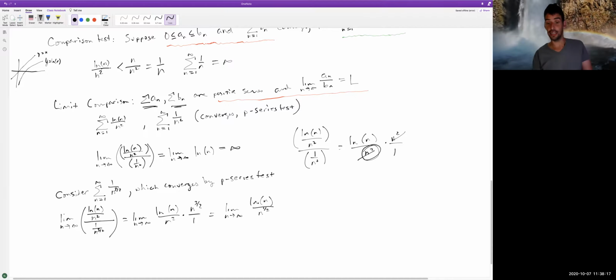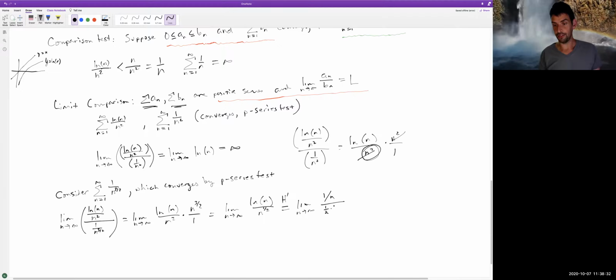Now taking this limit, these both go to infinity, so we get to use L'Hopital's rule. That's my little symbol just to let myself or a reader know what happens in this step. The numerator becomes 1 over n, and the denominator becomes 1/2 times 1 over n to the 1/2.